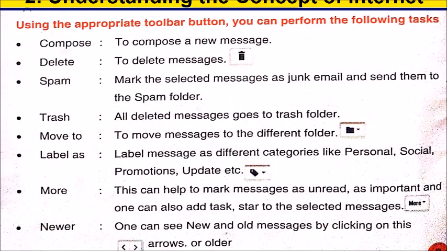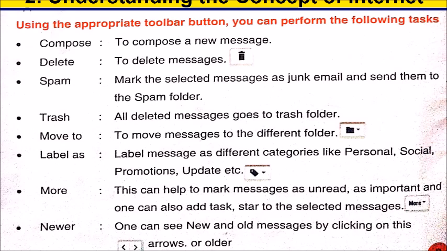Using the appropriate toolbar buttons, you can perform the following tasks. Compose, to compose a new message. Delete, to delete messages. Spam, to mark the selected messages as junk email and send them to the spam folder. Trash, all deleted messages go to the trash folder. Move to, to move messages to different folders.